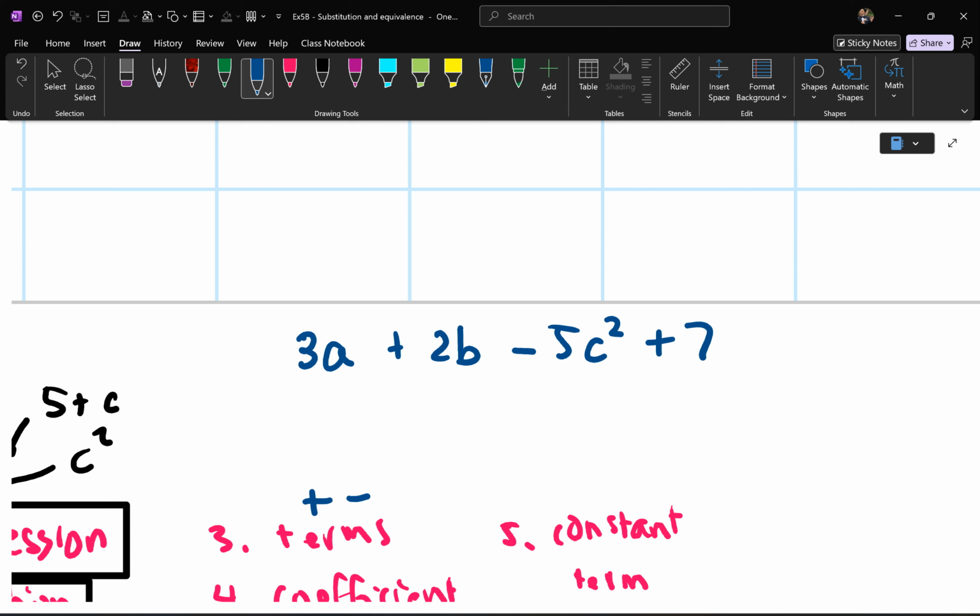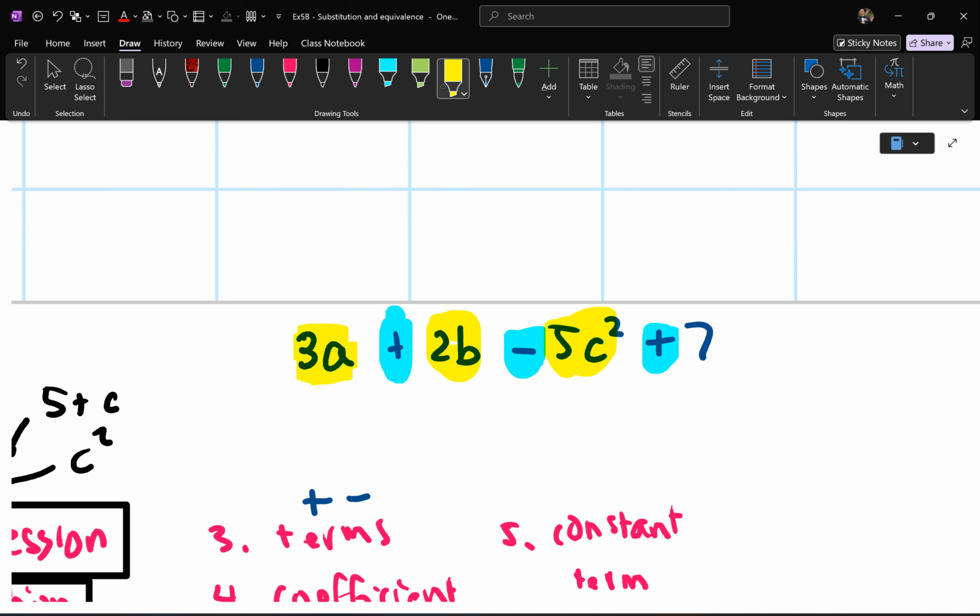Now, if you look at this expression, see how this is a 3a, then it's separated by a plus sign. In between it is a 2b, then it's separated again by a minus sign. Then I got a 5c squared, then it's separated by a plus sign. So everywhere you see a plus minus, I want to see you separate it in your mind.